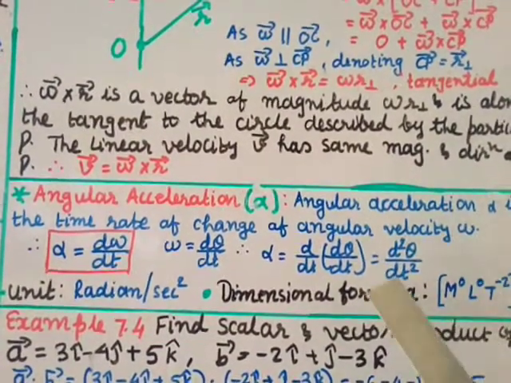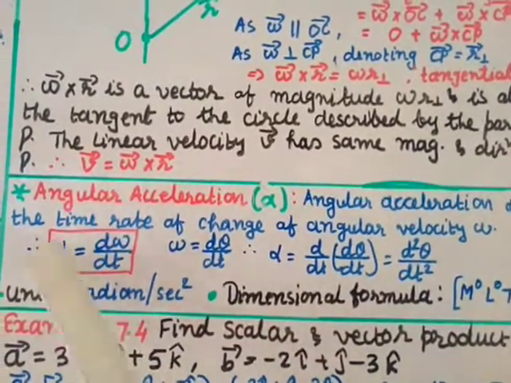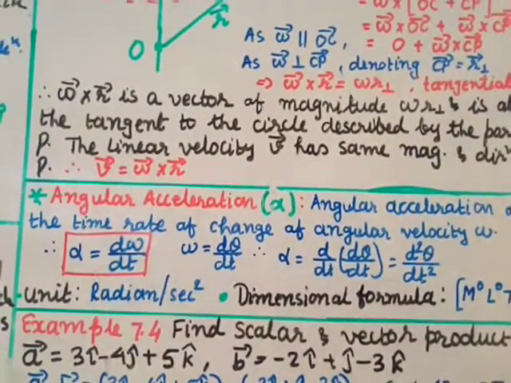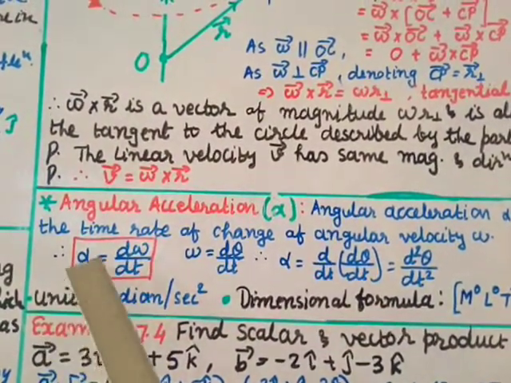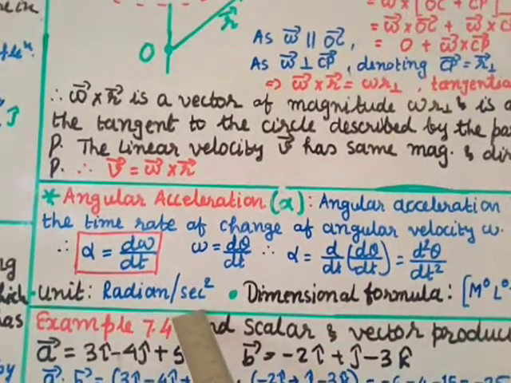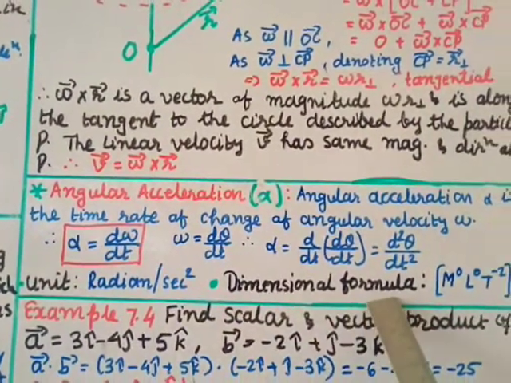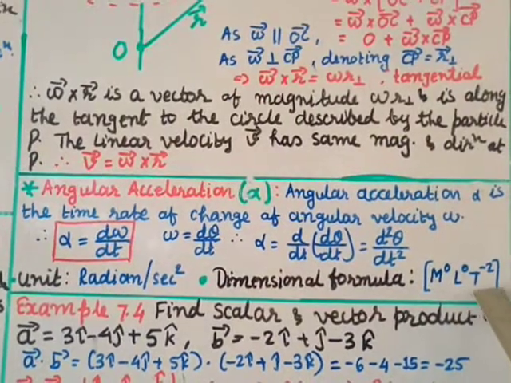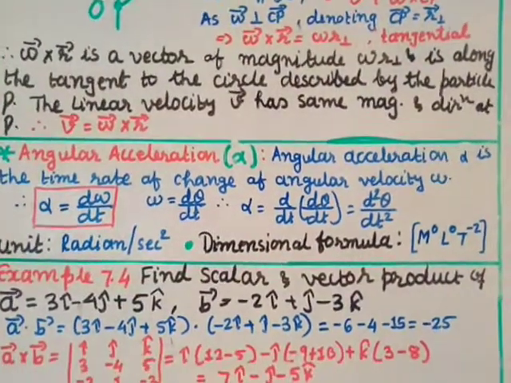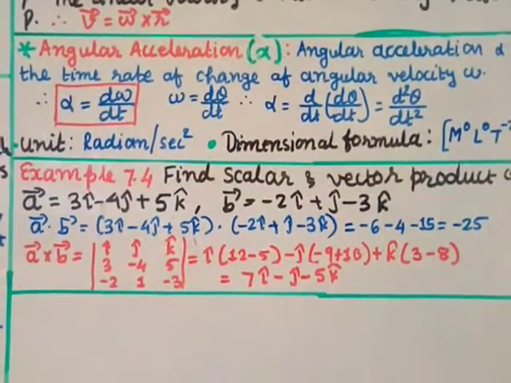This one is in terms of angular displacement and this is in terms of angular velocity. So remember both. The unit of angular acceleration is radian per second square and the dimension formula is M0 L0 T minus 2.